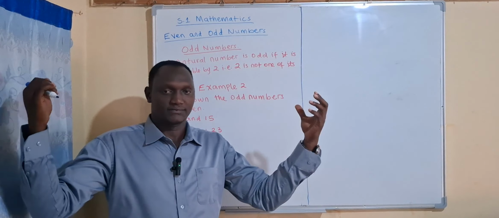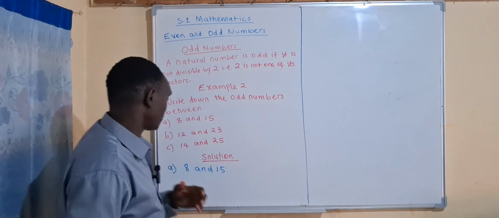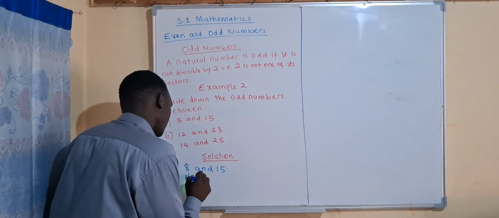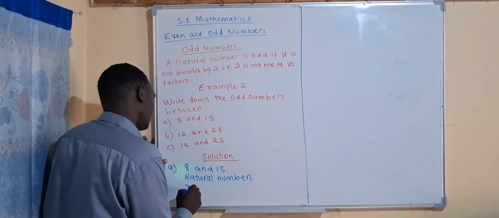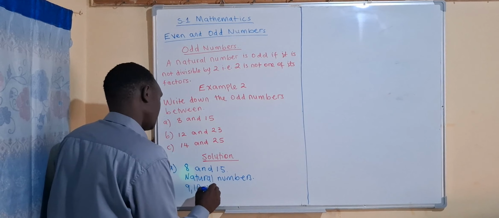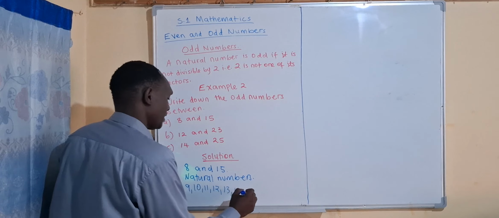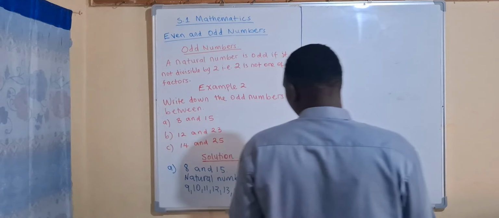In between 8 and 15, what natural numbers are odd? So let's first start by knowing what are those natural numbers that are between 8 and 15. They are 9, 10, 11, 12, 13, and 14. These are the natural numbers between 8 and 15.